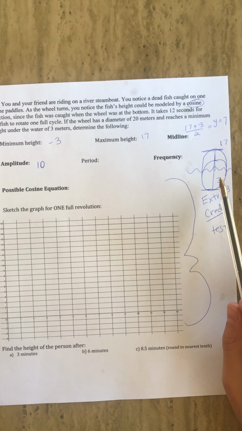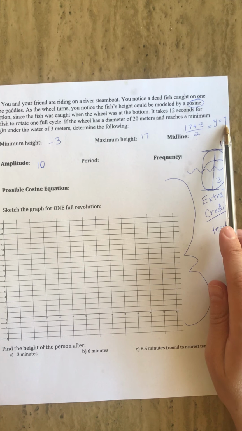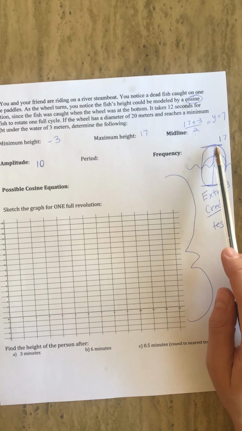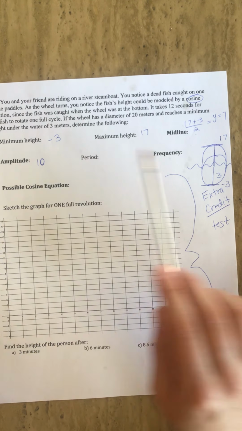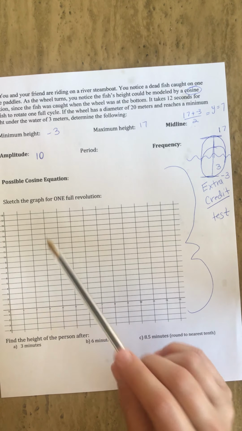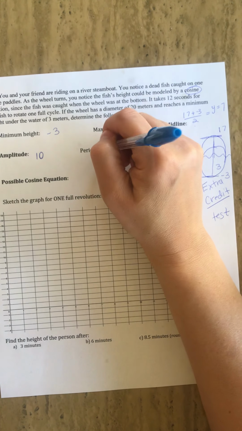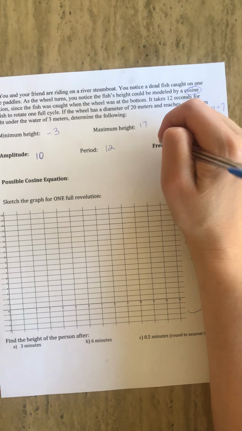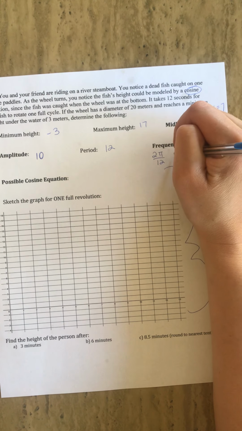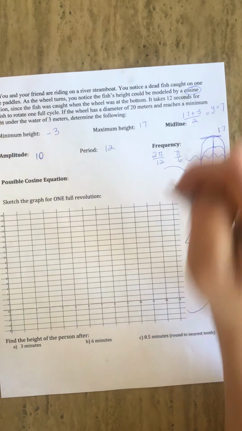And I just want you guys to think about this right here, because my midline is 7, and from 7 you're going to go up and move it up 10. So when you're at 10, and you move that up 7, you're going to be at the max of 17. Your period is 12 seconds, and the frequency is 2 pi divided by 12, which is pi over 6.